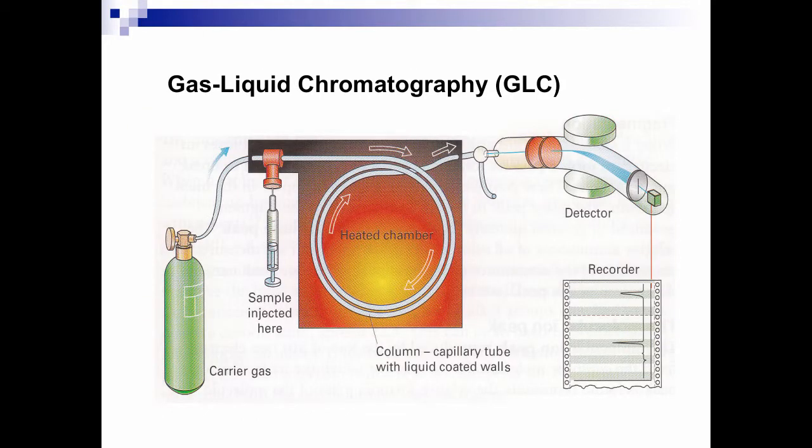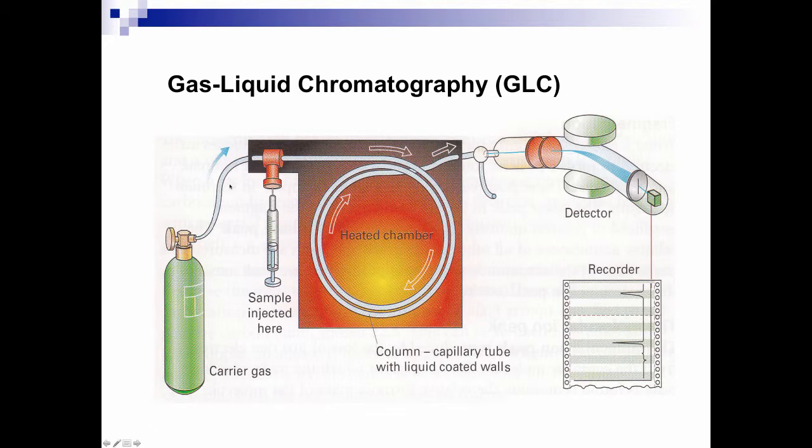This is a schematic diagram of GLC. At the start here, we have a tank that contains the carrier gas. The sample is first injected through an injection port using a hypodermic needle and is then vaporized due to the temperature in the heated chamber.